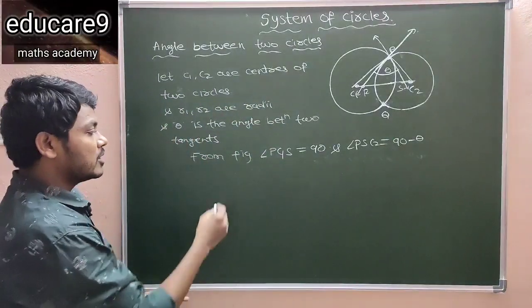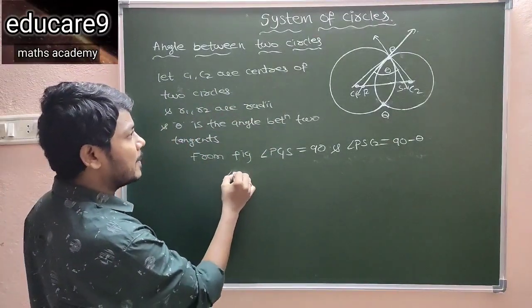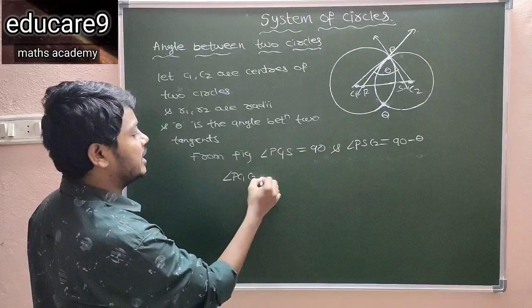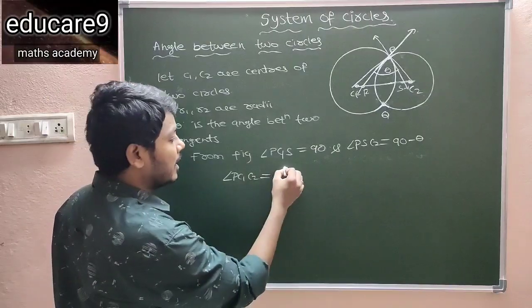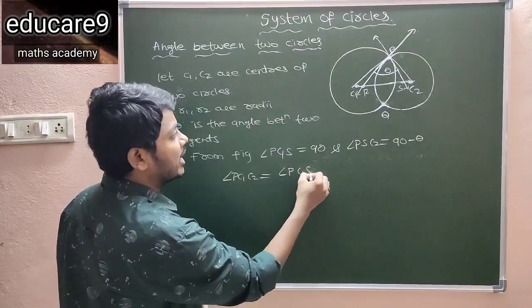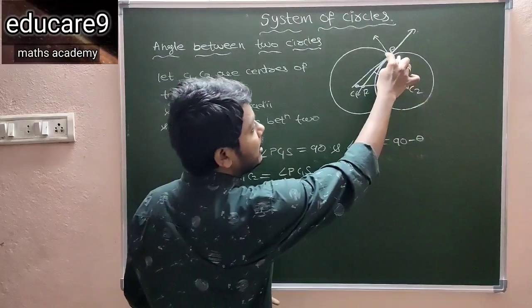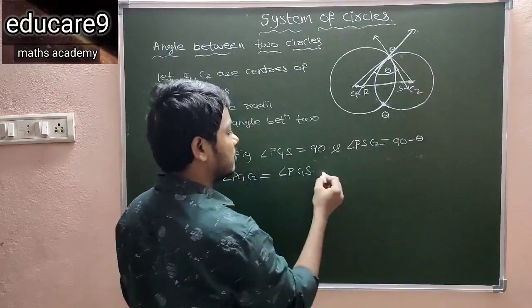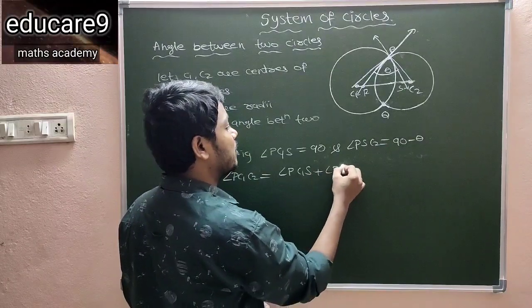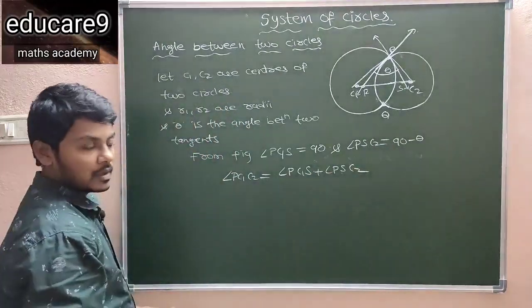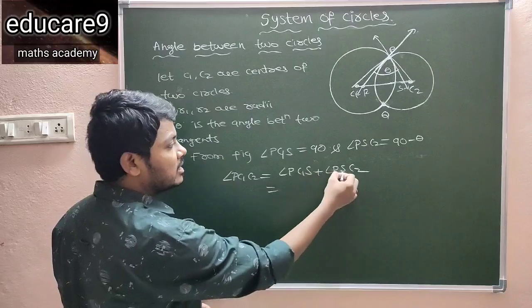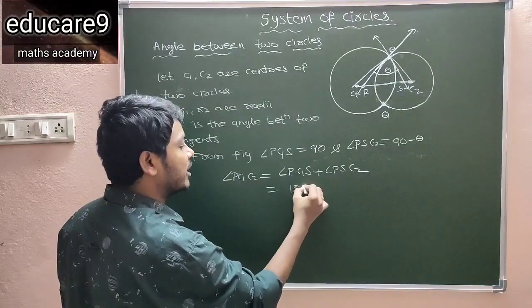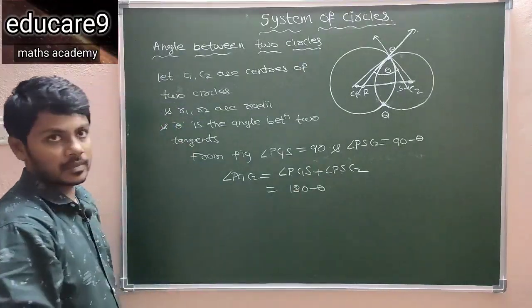Okay. So therefore angle PC1C2 is what? Angle PC1S plus angle PSC2. So clearly, this is 90 and this is 90 minus theta, that is 180 minus theta.